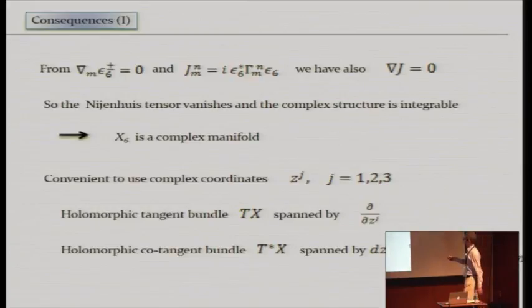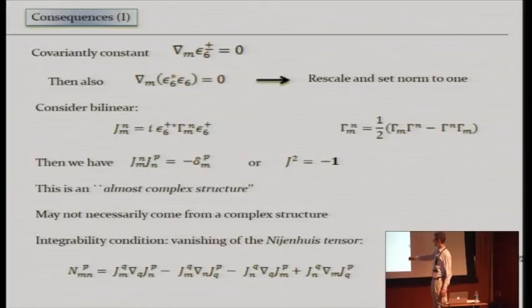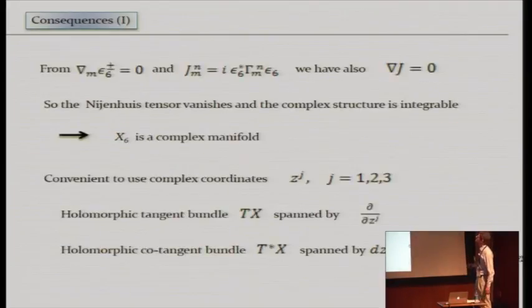Now, if you go back to the Nijenhuis tensor, you see that all these things are proportional to a covariant derivative, and therefore they all vanish. Okay. So in the situation at hand, where we have a covariantly constant spinor, this tensor actually does vanish. This complex structure is integrable, and therefore X6 actually is a complex manifold.